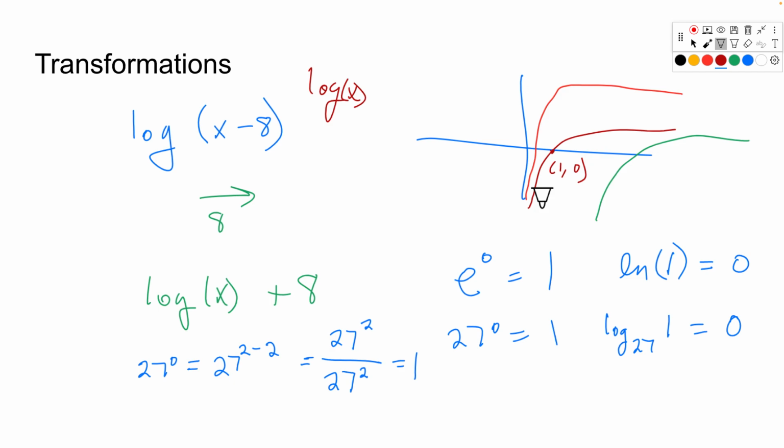This point, since I moved it over 8, I was at 1, 1 plus 8, is now going to be 9, 0. A lot of times we end up using that particular point because it works for every logarithm, 1, 0. When we translate, we focus on one point, and this doesn't really have a vertex. So the place it crosses the x-axis is the point we focus on when we move it. We know where that goes.